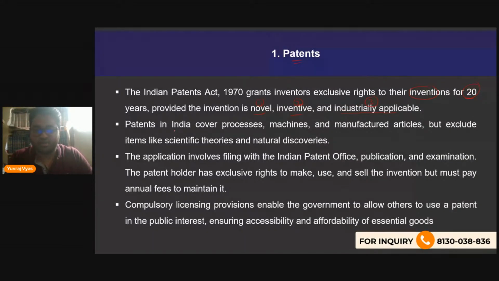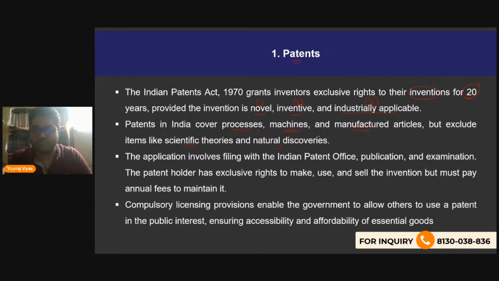Patents in India cover processes, machines, and manufactured articles, but exclude items like scientific theories, okay, so like the law of gravitation. So you cannot get a patent over the law of gravitation. Einstein cannot get a patent over something that he discovered, okay. Then natural discovery, something that is natural.